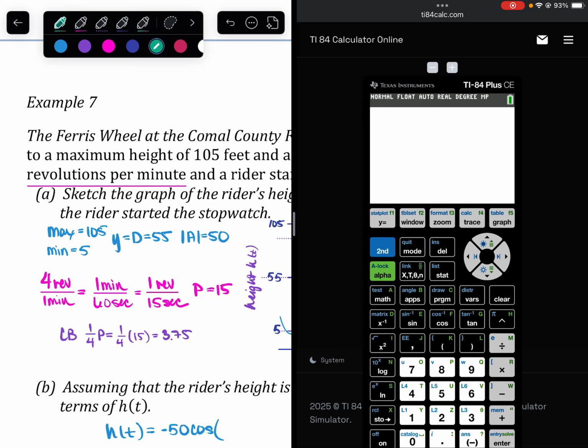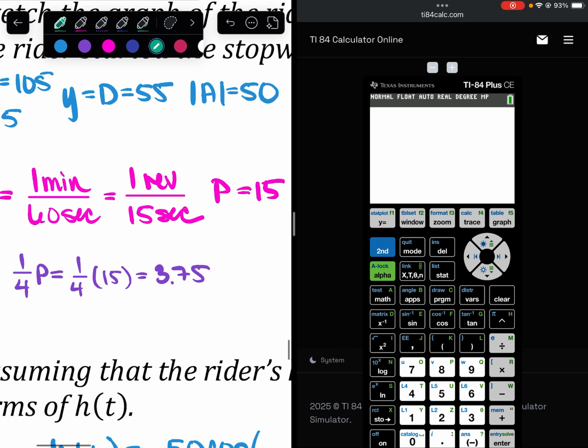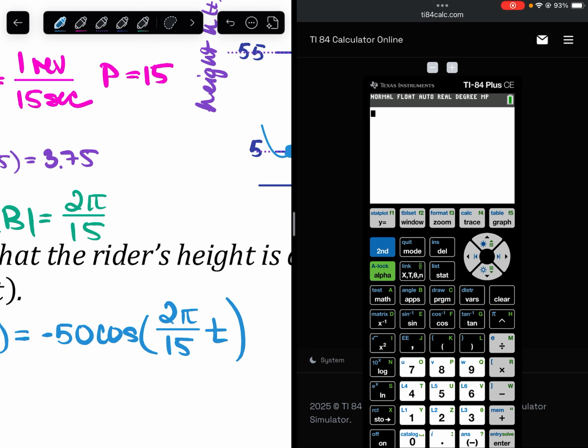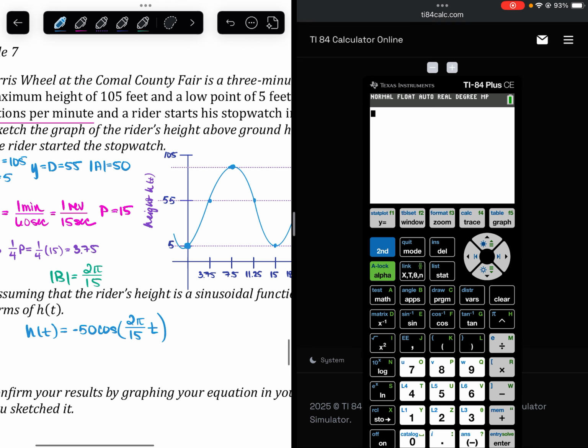So we're going to go real quick calculate b using our period. The absolute value of b is 2 pi over p, which is 15. So 2 pi 15ths, it doesn't reduce. The phase shift with negative cosine is 0, so we don't need a minus anything inside or a plus anything inside.